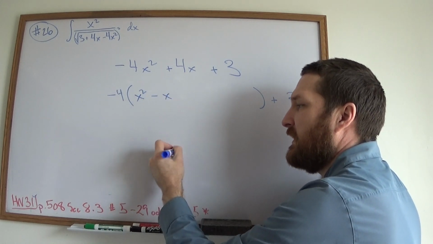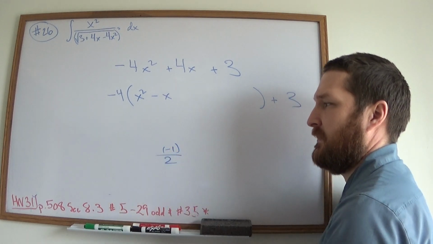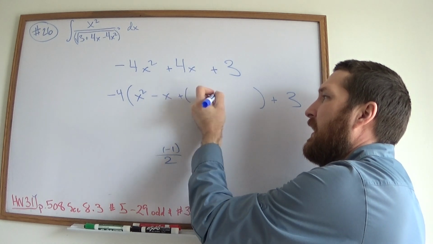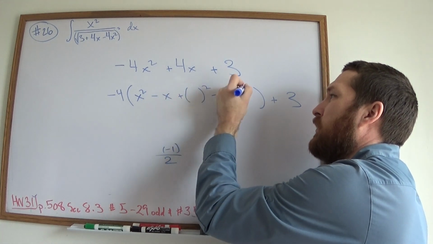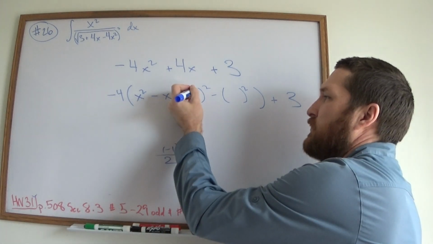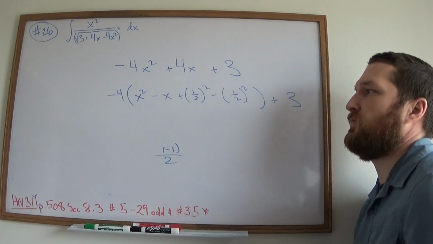So that's a negative 1 right there. We take half of that and we add and subtract it squared. So half of that is 1/2. And we add and subtract squared.